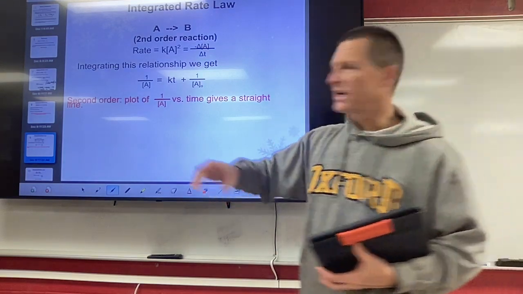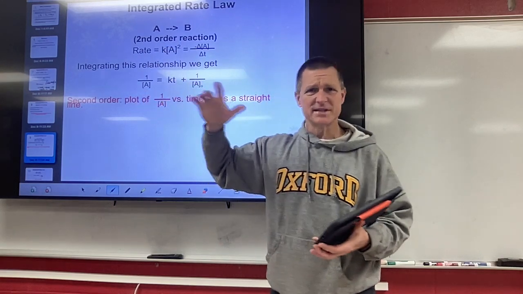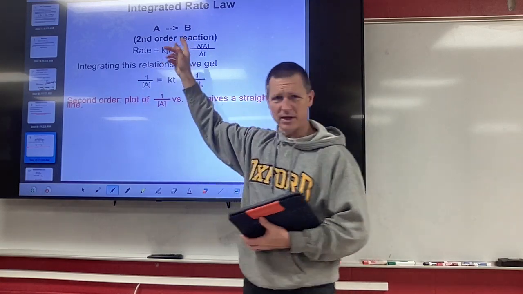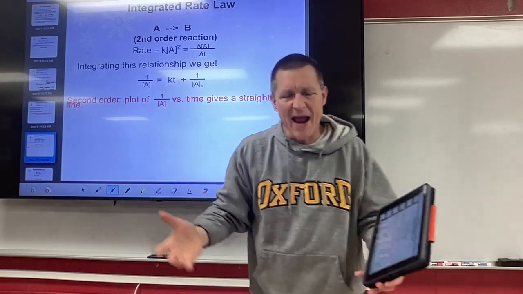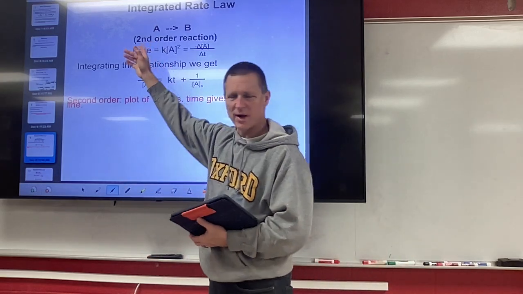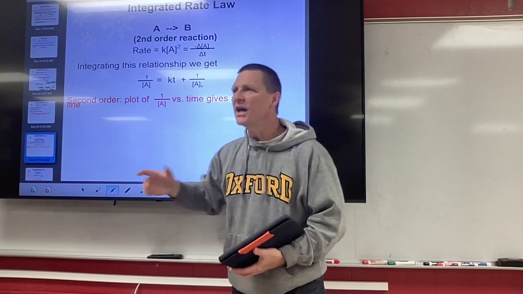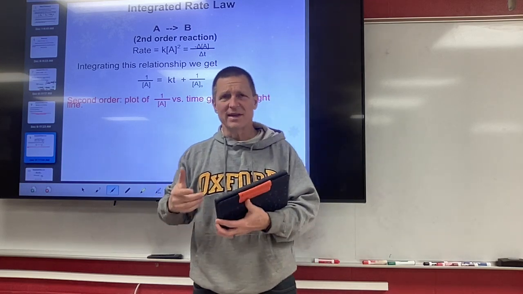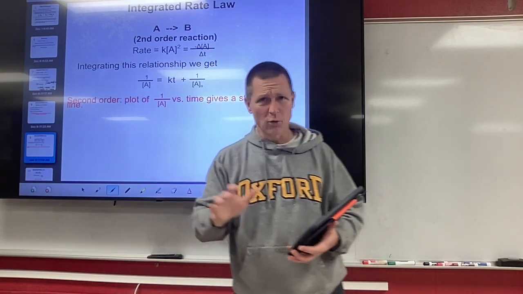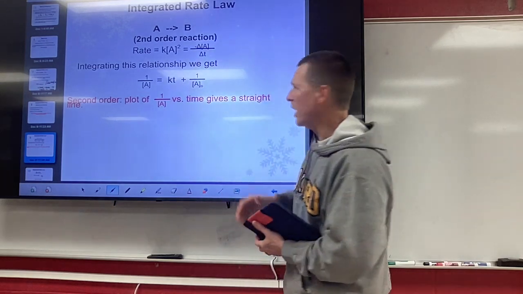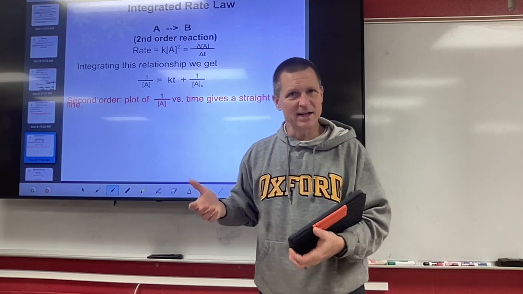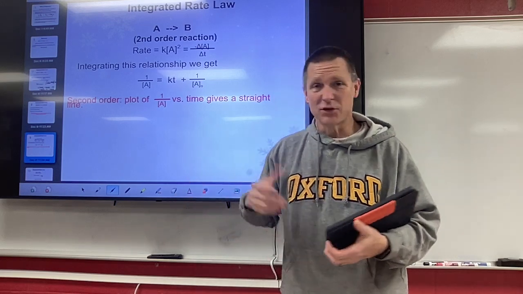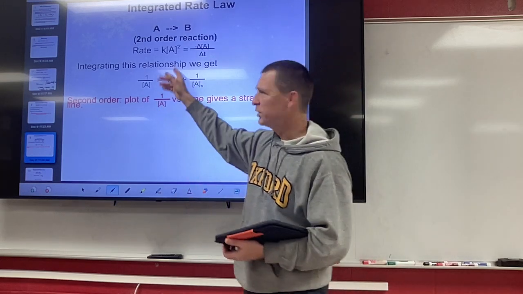If the reaction is second order, now I'm going to use a different reaction. It's just a generic A yields B reaction. So for a general pattern of a reaction, A is the reactant, B is the product, whatever they are. If we run an experiment and we determine that A is second order, I'm not going to do any more integrating. If you're a calc student and you're really interested in integrating, you can do this yourself.